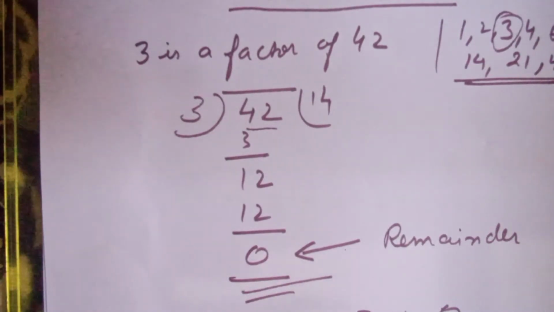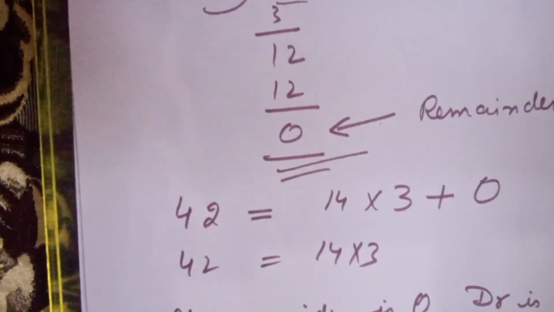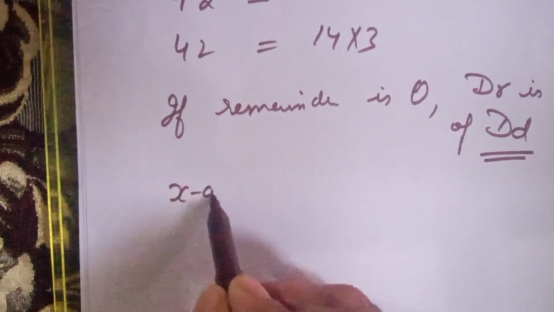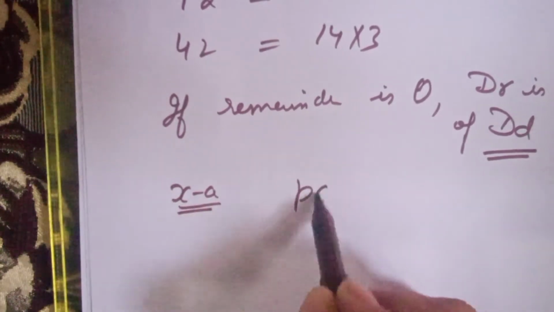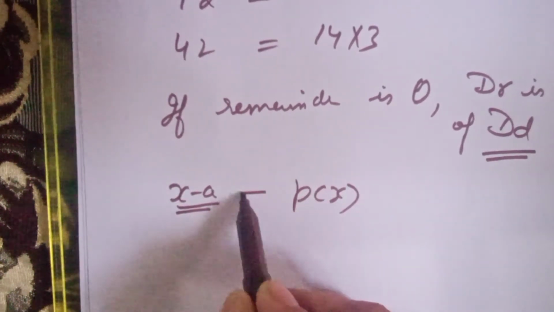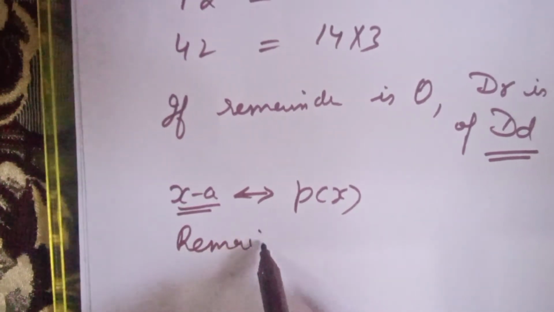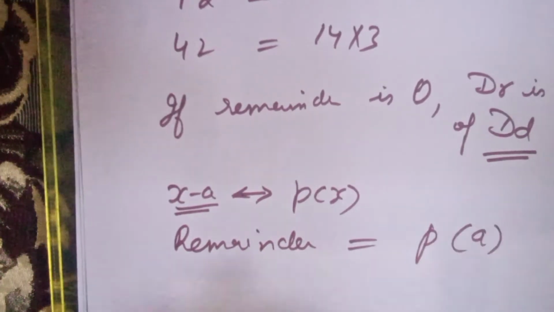Now what is the case for polynomials? We have learnt in the previous section that if we divide p(x) by x minus a, then the remainder will be p(a).